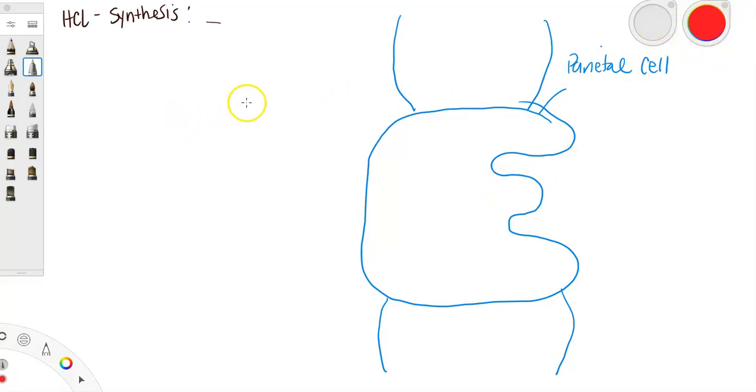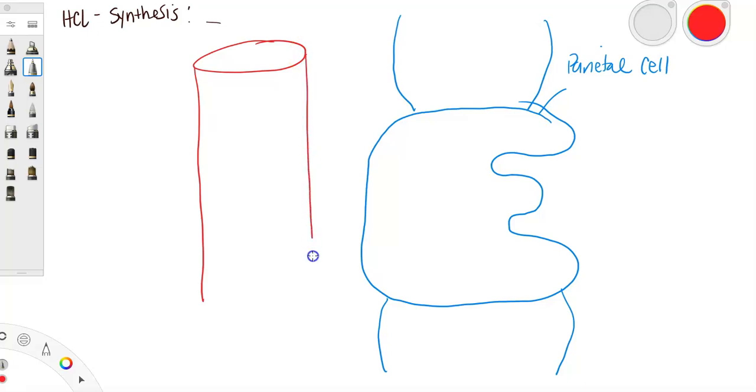Okay, so here we have our little blood here. And you have to remember or recall this equation.